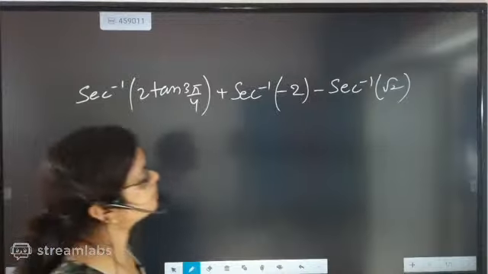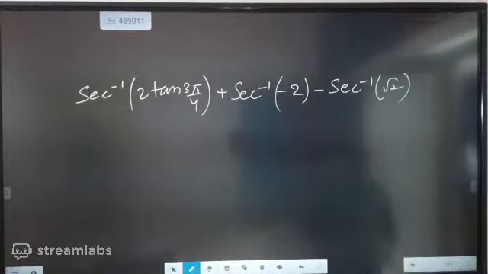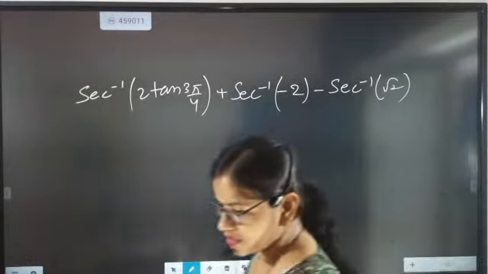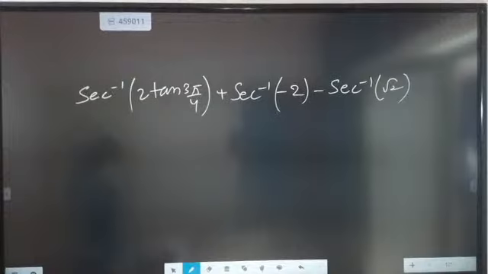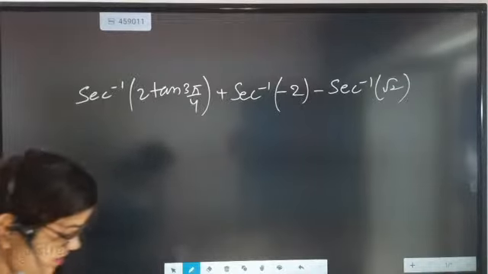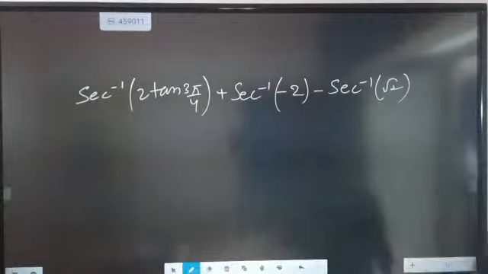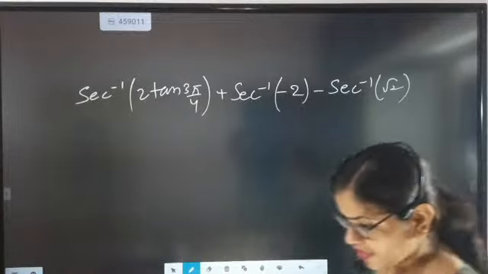Remember, this time Harish is on a hat trick. Harish is on a hat trick again. Harish has given the answer 19 pi by 12, and that too in a very record time.